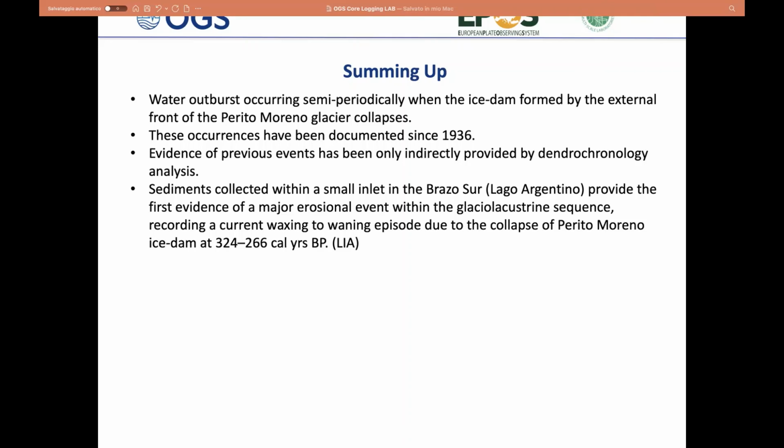So with this work, with the sediment collected, we provided the first evidence of major erosional events within this sequence earlier, around 324 to 266 years before present, so during the Little Ice Age.